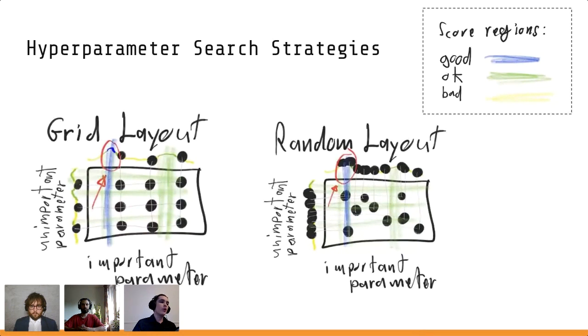However, if you try the same number of trials to train your models with different hyperparameters and evaluate their score on the validation set, then with the random layout, with the same number of points, here 9 points, you will explore your hyperparameter search space much more widely and wildly.